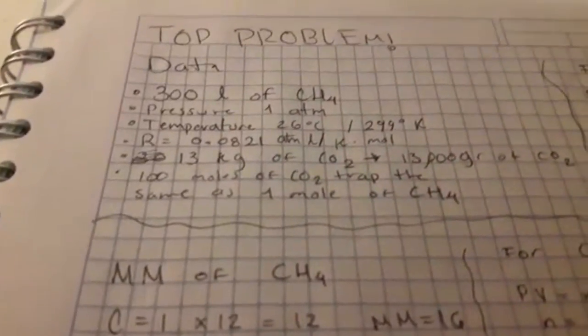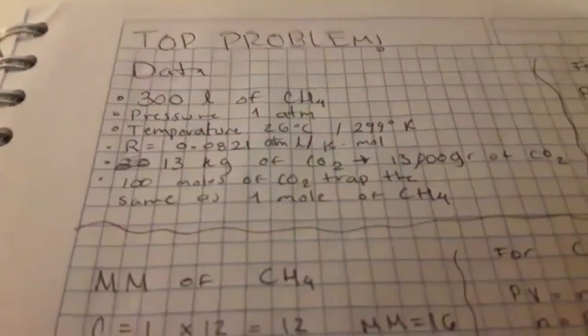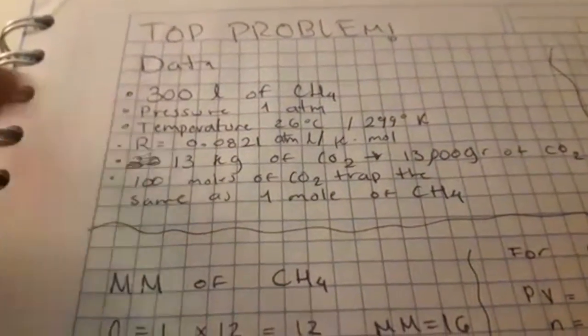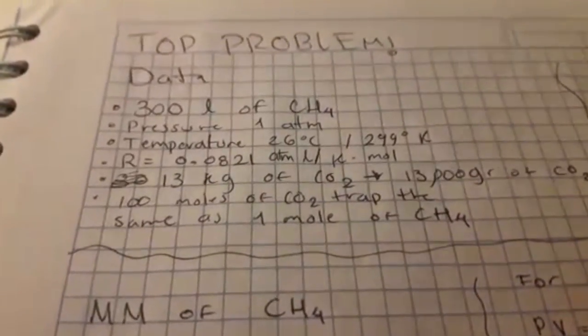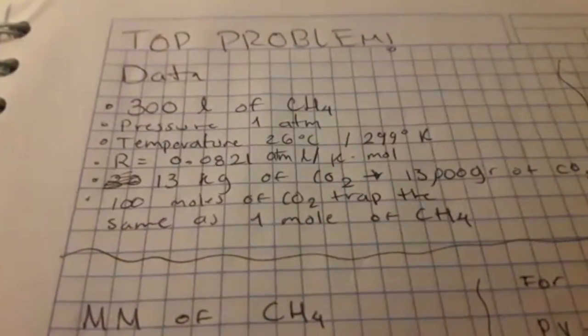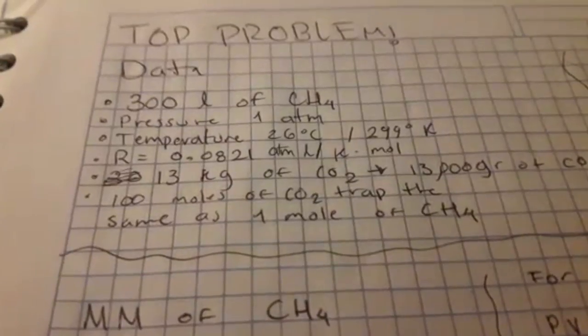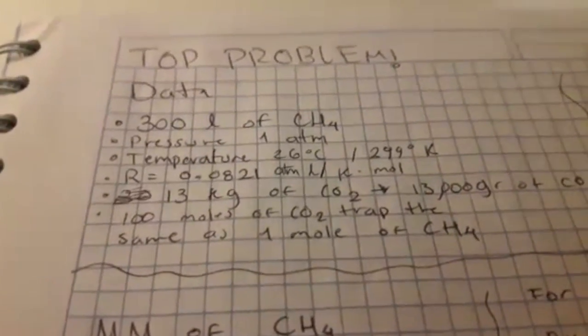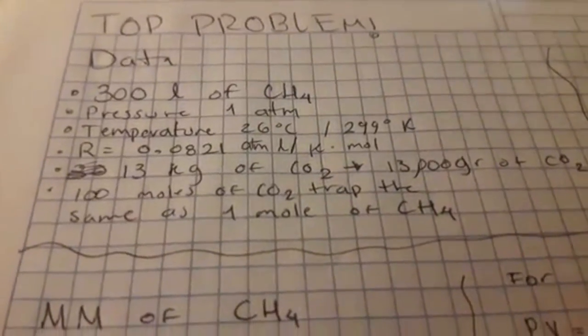Okay, I would like to explain first that I always like to write my data: 300 liters of CH4, a pressure of 1 atm, temperature of 26 centigrades or 299 Kelvin degrees.